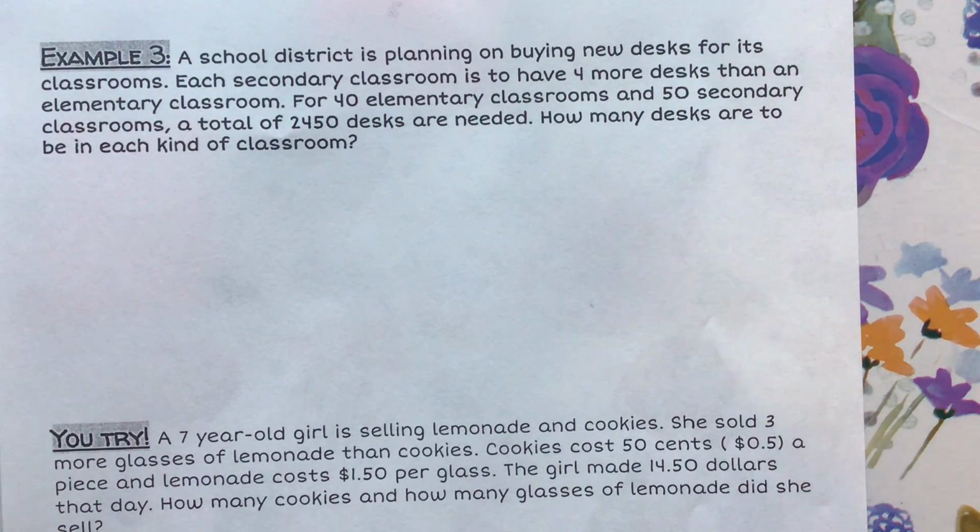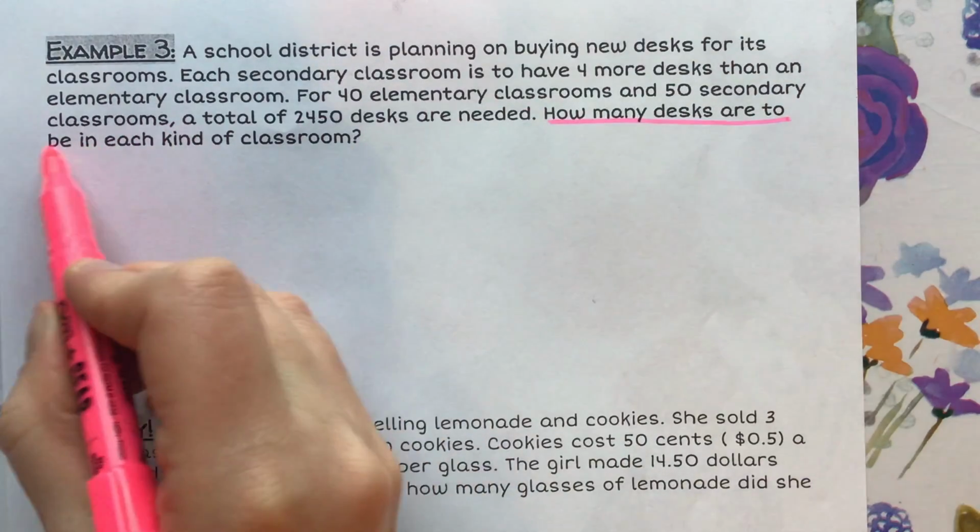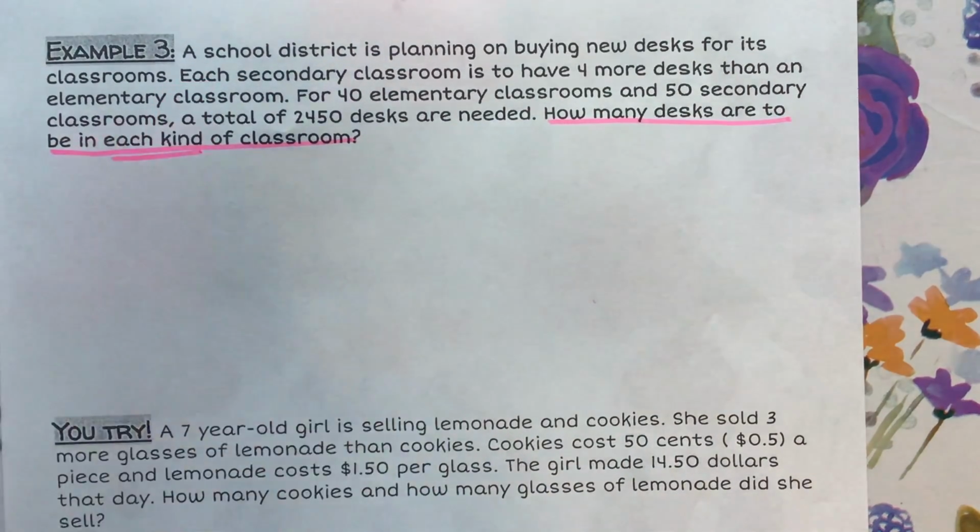So this is a little funky, just kind of the way that it's worded, but first let's identify the variables. A great spot to look if you're not sure about variables is to look at the question. It says how many desks are needed to be in each kind of classroom.